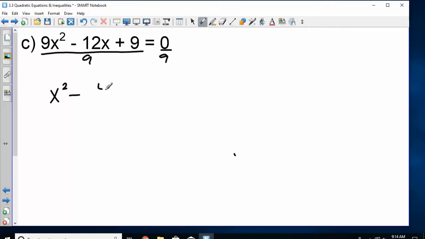That would go to 4/3 x. 9 over 9 is 1. 0 over 9 is 0. Next step. Move your constant over, so subtract your 1.